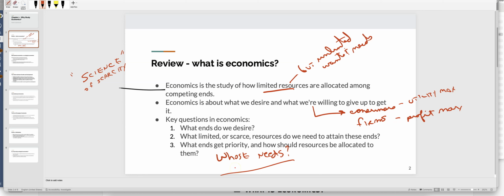In the market-based system that we've largely created for ourselves in the world today, whose needs get met? Those who can afford things. What needs get met? Whatever it is the people paying for it want, right?